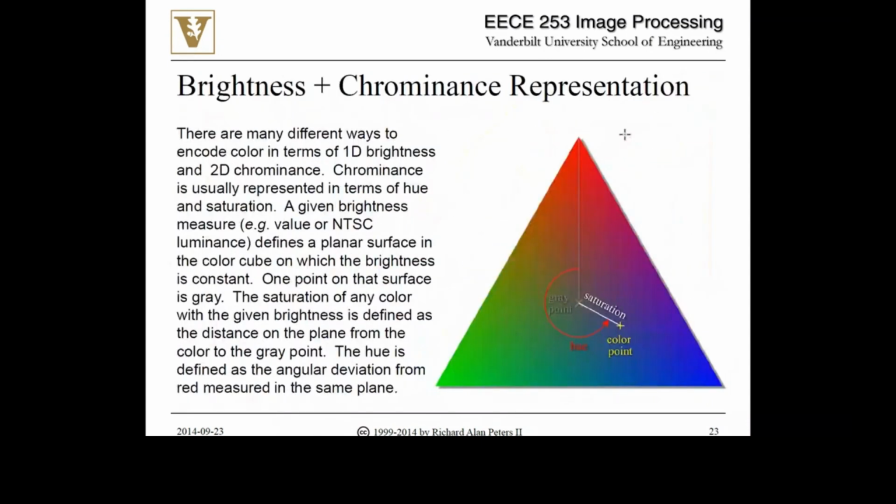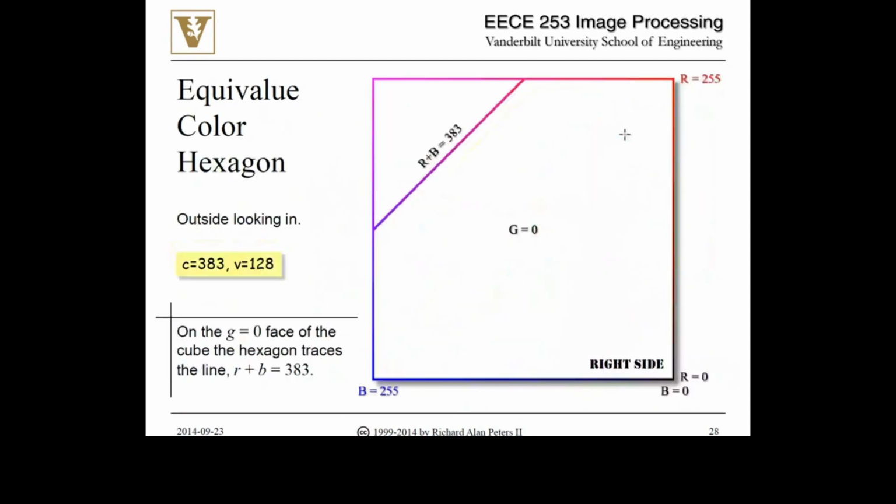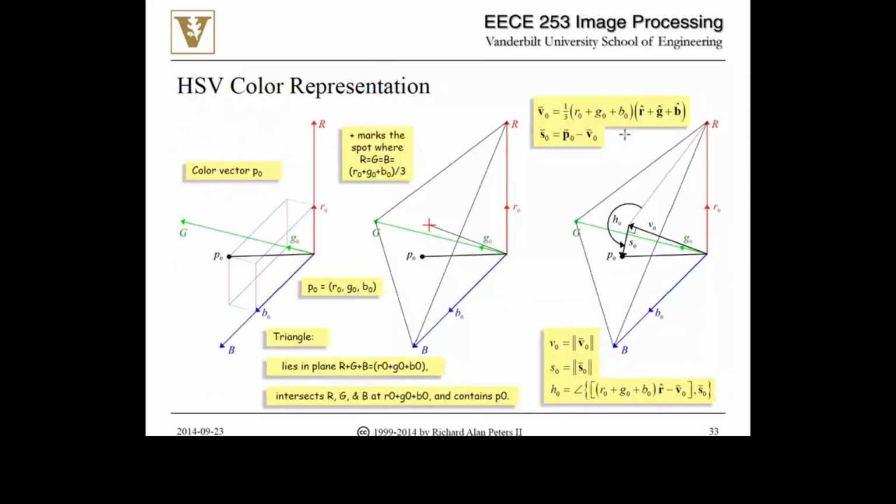So here, there is a gray point. This is the point where the 1, 1, 1 direction intersects the R plus G plus B equals C plane. So now we have identified our center of rotation, and now we refer P0 to that center.